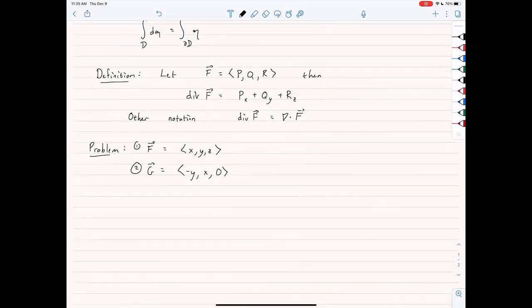Let's find their divergence. So div is divergence. Find their divergence.